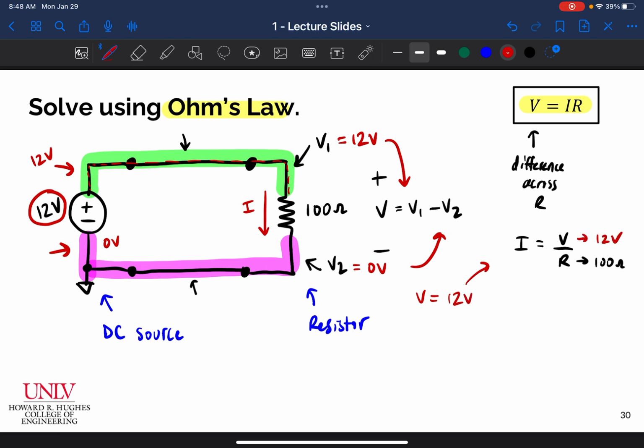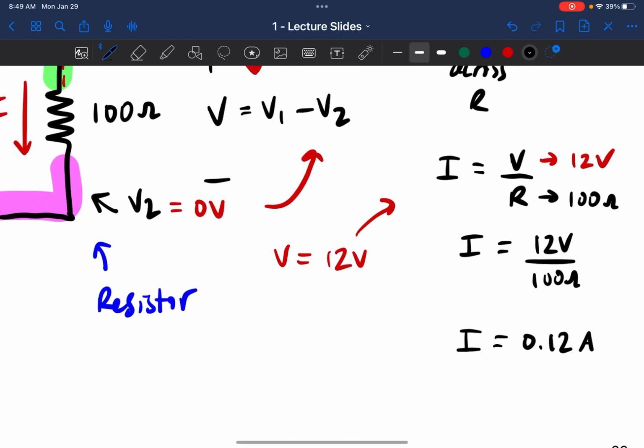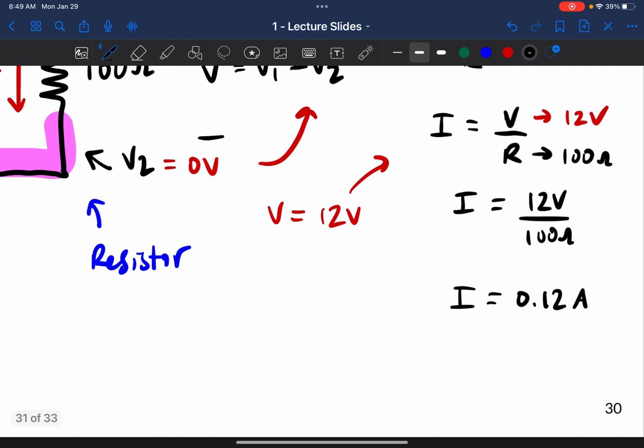Okay. In that case, I can go ahead and solve this circuit for the current that I was interested in, and I can say that my I is 12 volts divided by 100 ohms, or I is equal to 0.12 amps, which we would more regularly see if I move this decimal 3 times, and I would say that I is equal to 120 milliamps.